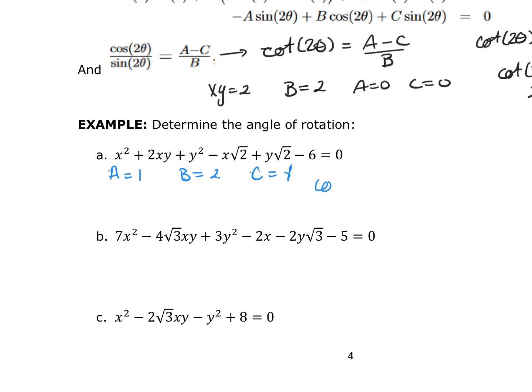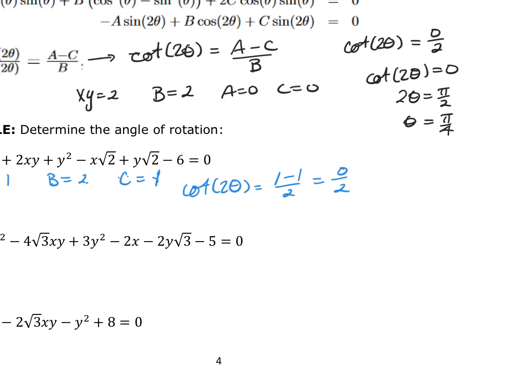So I know that the cotangent of 2 times my angle is going to be 1 minus 1 over 2. Well, this also gives me 0 over 2. And we know from my previous example, when the cotangent is equal to 0, that means 2 theta has to be pi over 2.